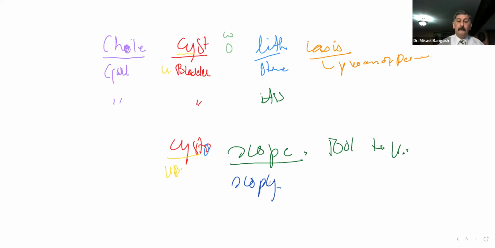scopy. So the y actually indicates that this becomes a procedure. Procedure of what? Using the scope to visually examine the urinary bladder.